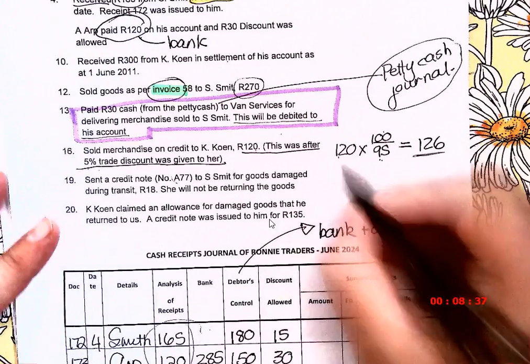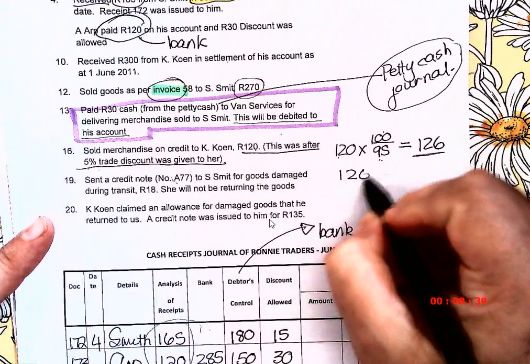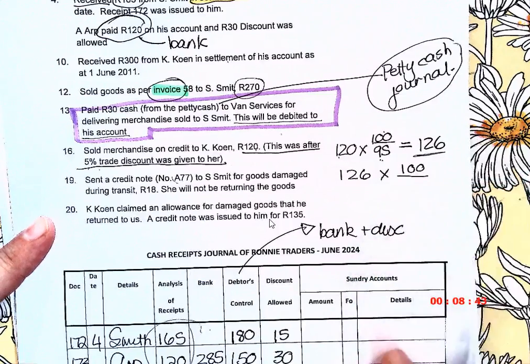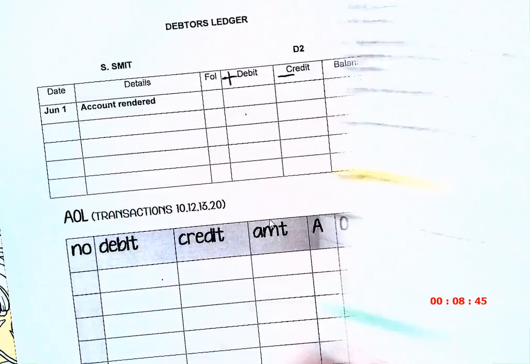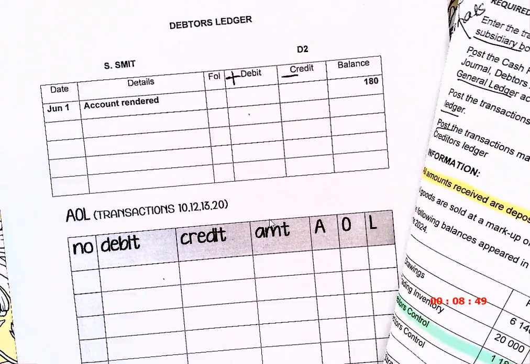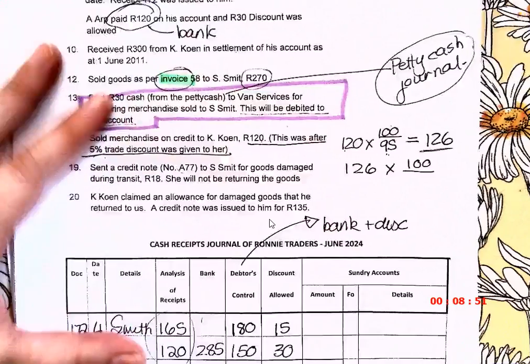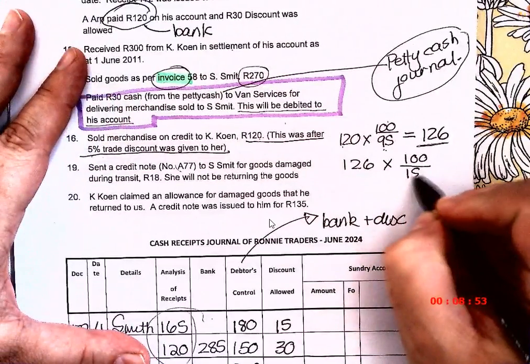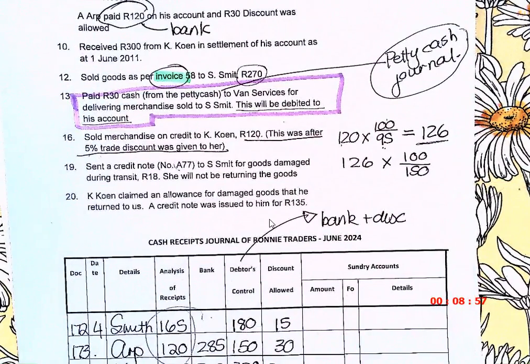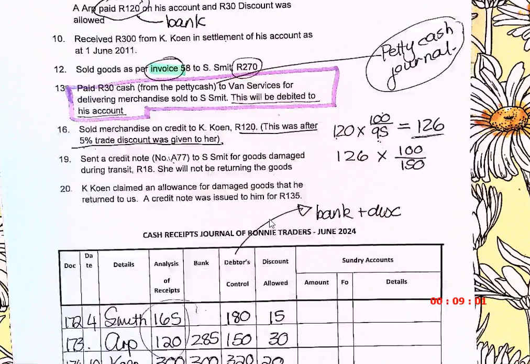And now I'm going to take the 126 Rand and work out the cost. And if I look, they told me here the markup is what? 50%. So it would be over 150. And most probably my answer will be in cents, so I will round off. Okay, so how much is it then?